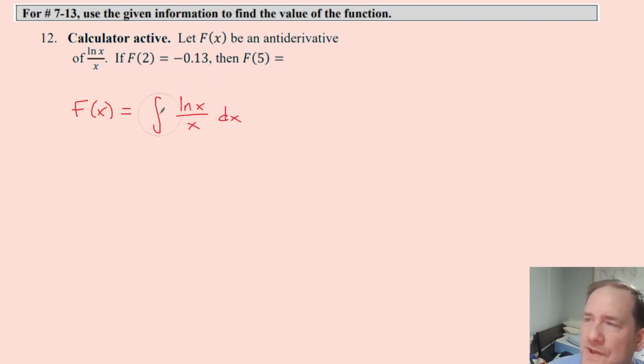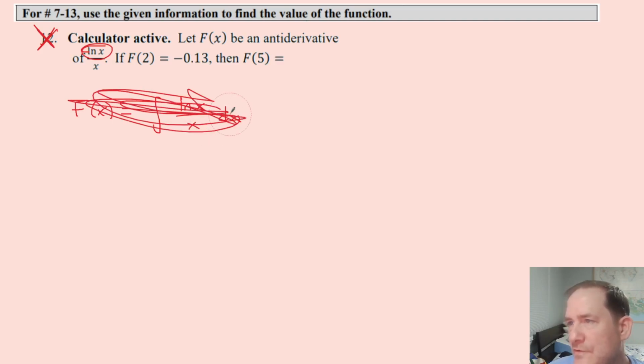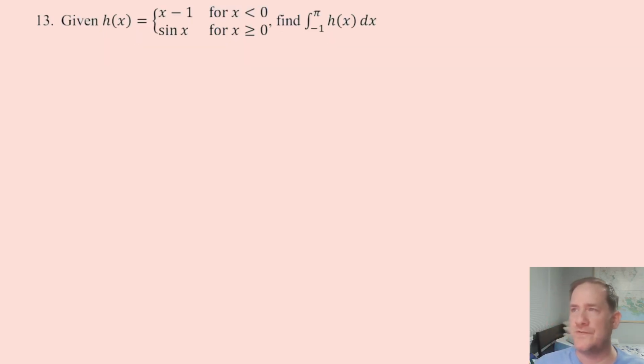And they're telling us we can use our calculator, but even still, I just want to cancel this one because I told you guys we weren't going to deal with any natural logs. So if you are going to do this by hand, you don't know how to integrate natural logs. So let's just not do it. So 12 is out. Let's do 13.